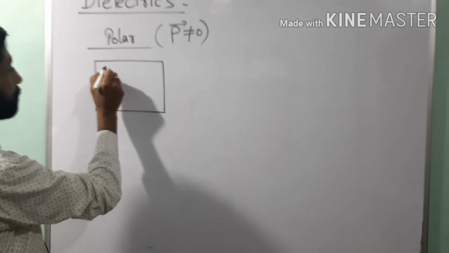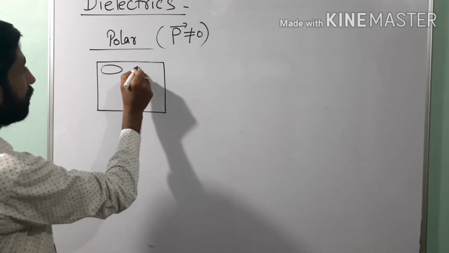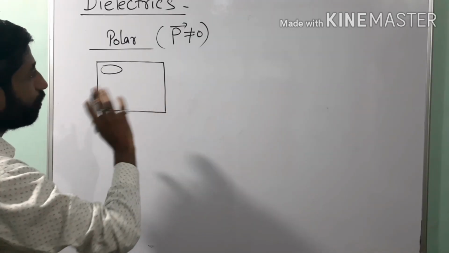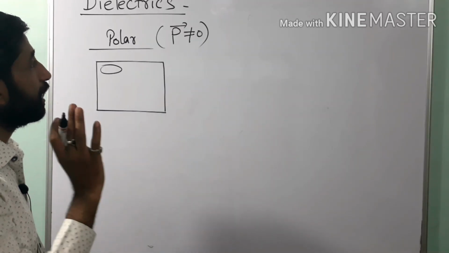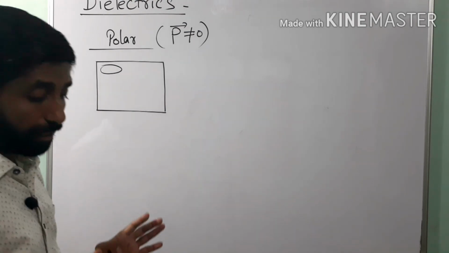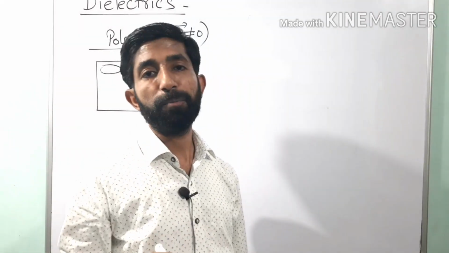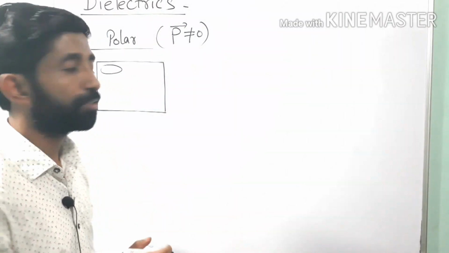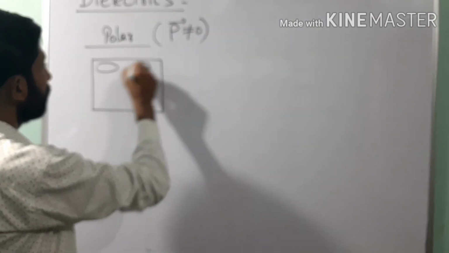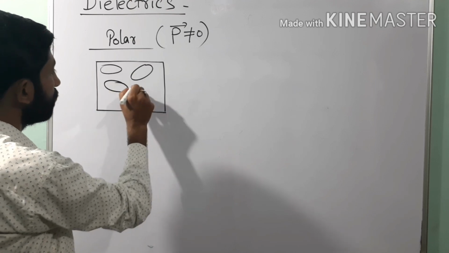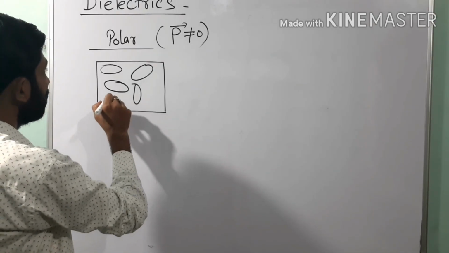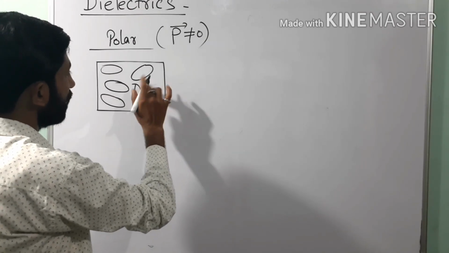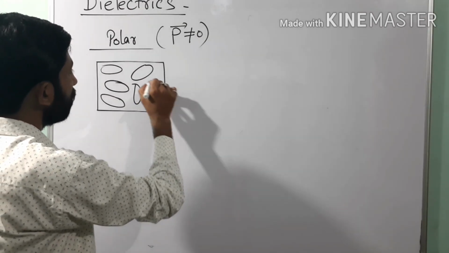So imagine this is a molecule, a polar molecule. In general, all these polar molecules are oriented in such a way that the resultant dipole moment in this piece of the dielectric is 0. That is, this is one molecule, this is another molecule, and somehow all these molecules are randomly oriented.